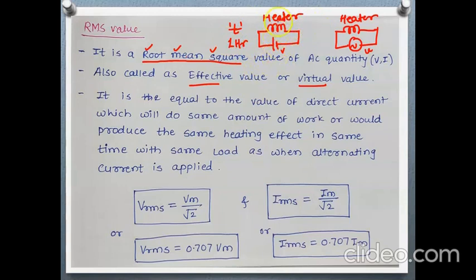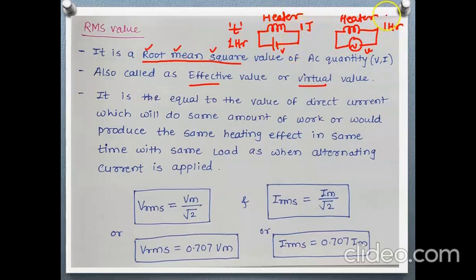When the heater is supplied with a DC voltage for 1 hour, and the same heater is supplied with AC voltage for the same time, suppose this circuit produces 1 joule of work. That means the heating effect is 1 joule.